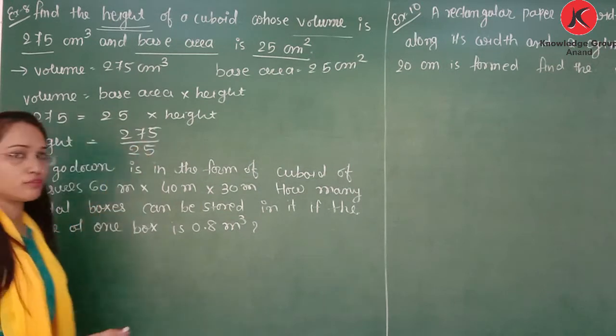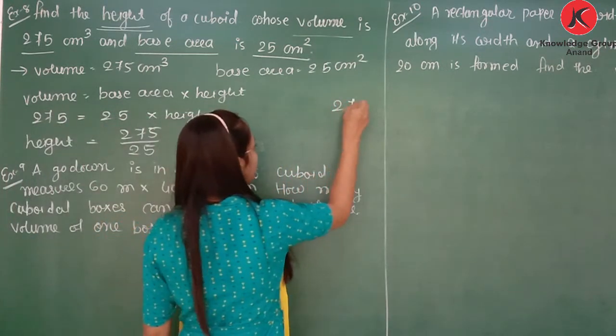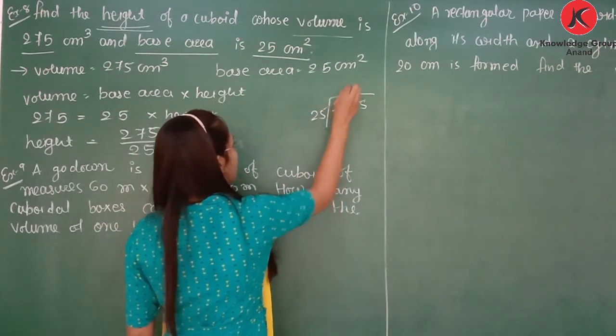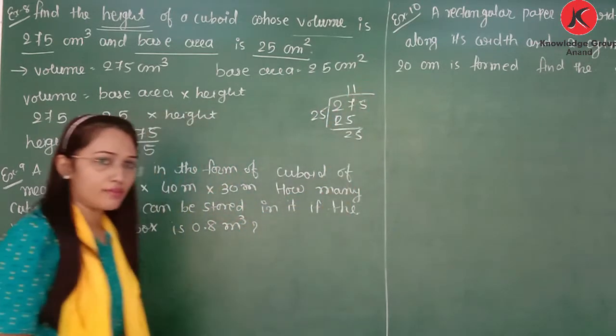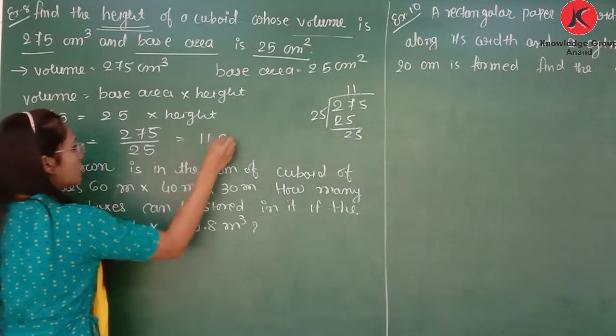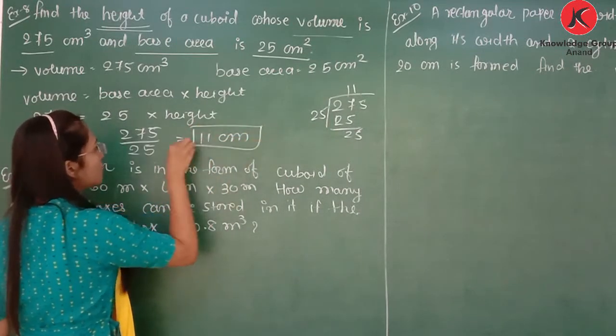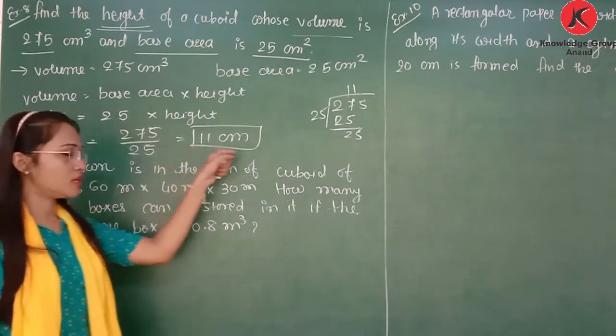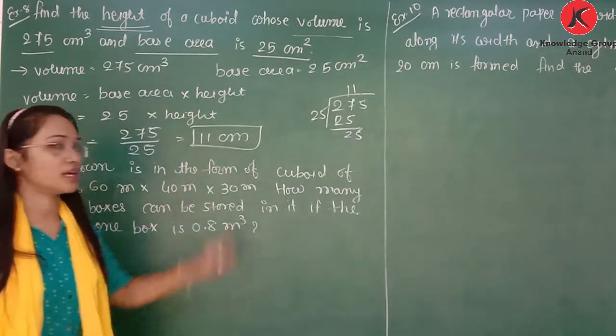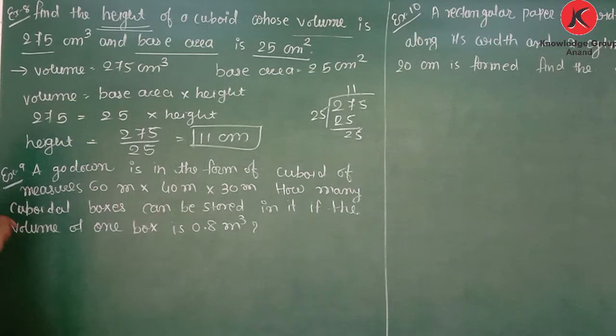Now divide 275 by 25. So it is 11 centimeter. What is the unit? Centimeter, because this unit is centimeter, this is also centimeter. So height will be in centimeter. So 11 centimeter is the height of the cuboid.